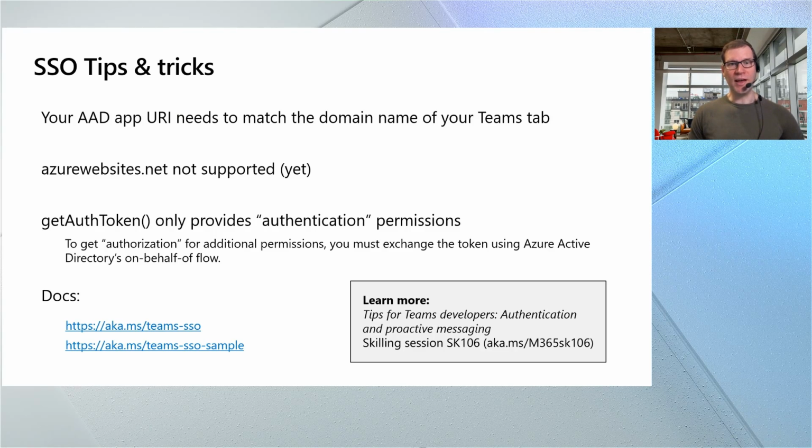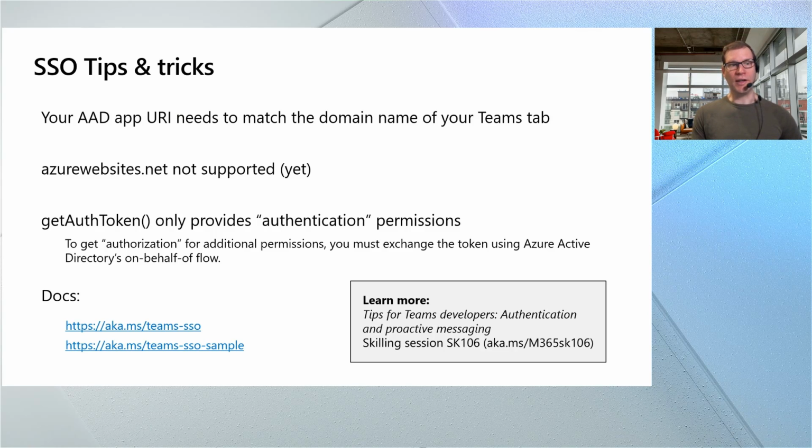Third thought here is that getAuthToken, that API I showed you on that last slide, it only provides authentication permissions. You will get back a token that gives you just enough permission to figure out who the signed in user is. If you want additional permissions, such as that calendar read example, you need to do a little extra work. In that case, you'll need to manually tell Azure AD to pop up a consent dialog, the same way you've always done this.